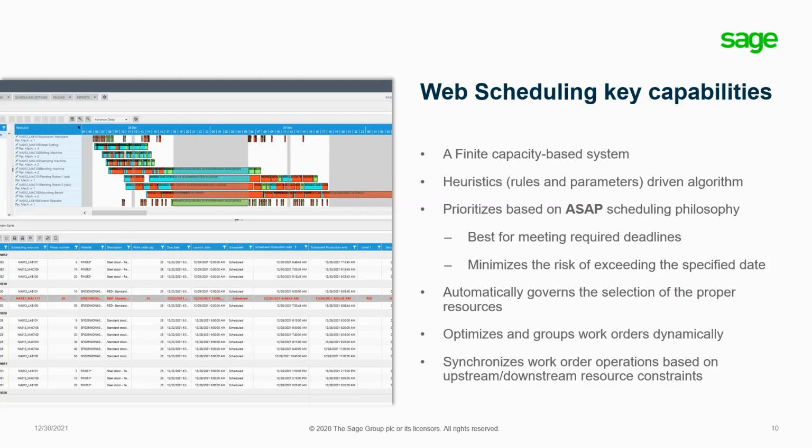It automatically selects the proper resources to be utilized, taking into consideration alternate resources and percent efficiency, and it optimizes and groups work orders dynamically. It also synchronizes work order operations based on upstream and downstream resource constraints, and it provides unlimited what-if scenarios critical for determining the most effective schedule.